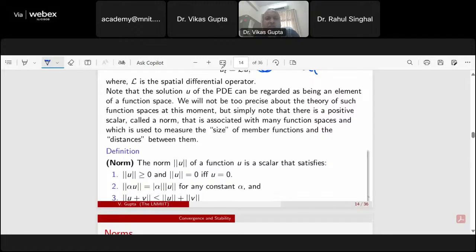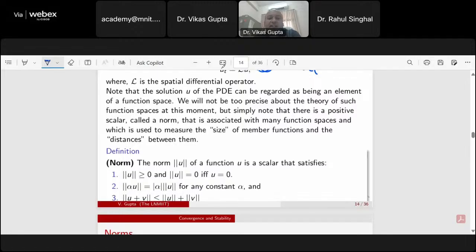The norm of a function u is a scalar that satisfies these three conditions. Norm u is greater than or equal to 0, and norm u equal to 0 if and only if u equal to 0. Norm of alpha u is equal to mod alpha times norm u for any constant alpha, that is the homogeneity condition. And norm of u plus v should be less than or equal to norm u plus norm v, which is the triangle inequality.